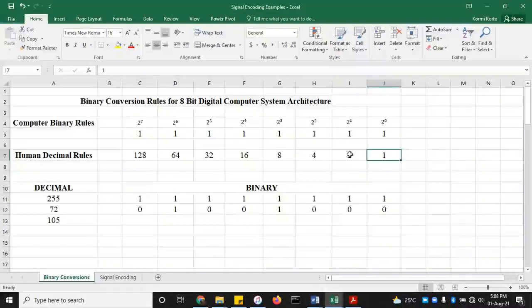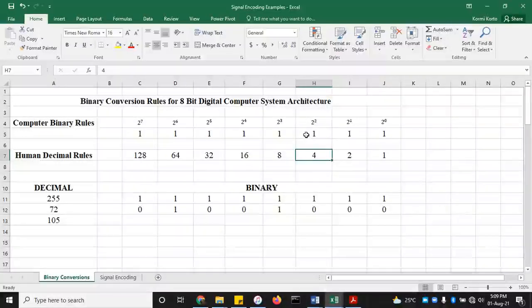Okay? If it's 2 raised to the power 1, then the decimal value it would take, if the bit was in an on state, is going to be a 2 because 2 raised to the power 1 is 2. And when it's on within the third bit and it's 2 raised to the power 2, then it will make it a 4.